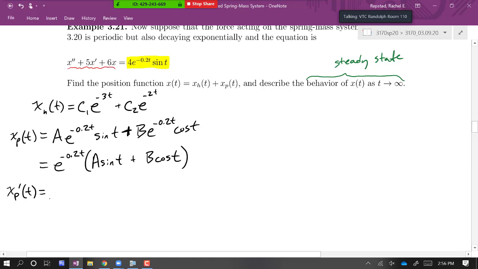So now we use the product rule. I'll take the derivative of the first times the second, so that's negative 0.2 e to the minus 0.2t times the stuff in the parentheses.